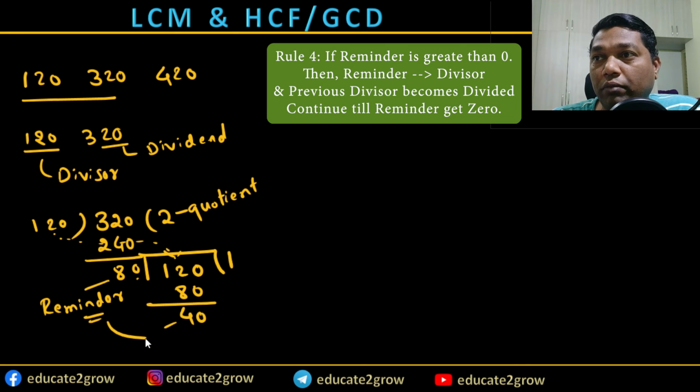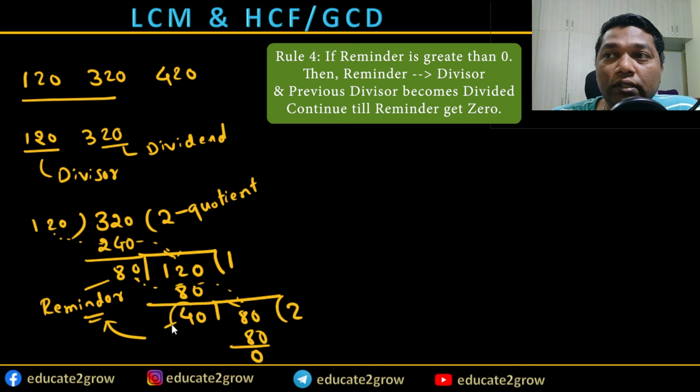This is a remainder. Now this remainder becomes the divisor and this 80 becomes the dividend. So let's do it, 40 into 2 is 80, so 0. So this is the responsible number which made the remainder 0.